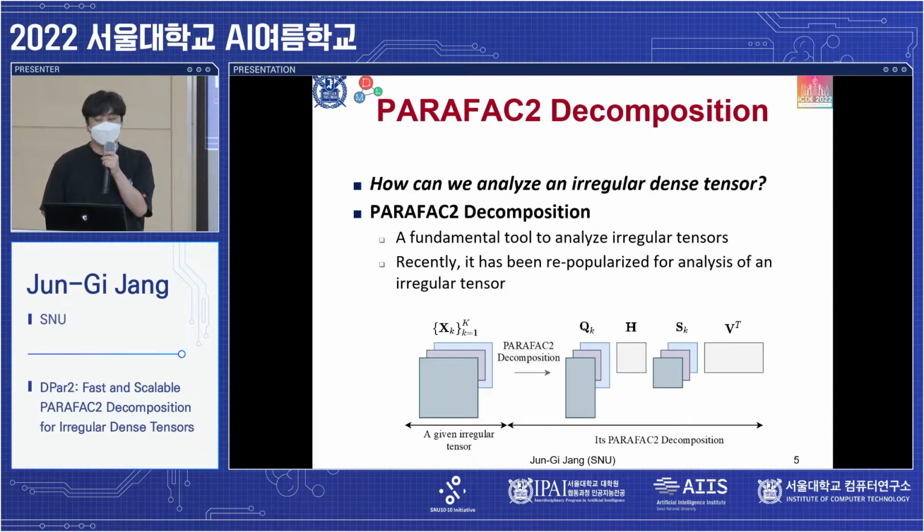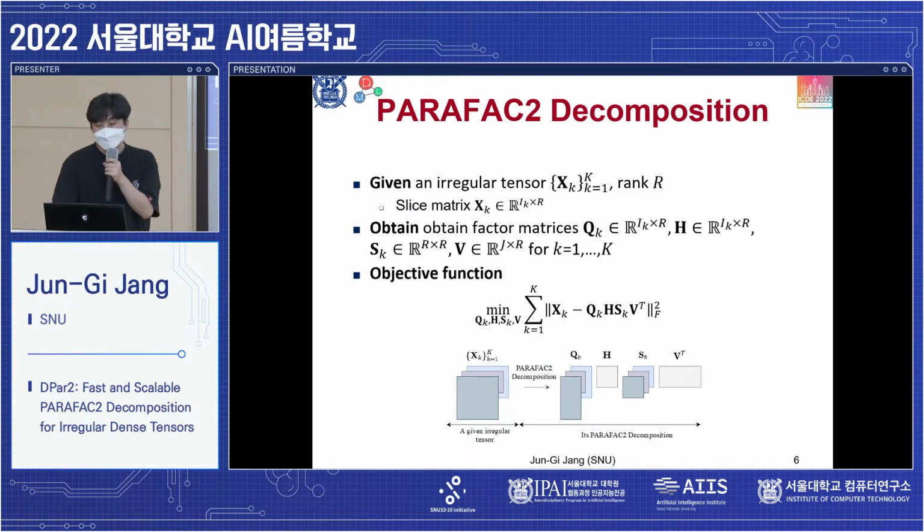Then given an irregular tensor, how can you analyze it? PARAFAC2 decomposition is a fundamental tool to analyze the tensor. Recently, it has been repopularized for analysis of it. Formally, PARAFAC2 decomposition finds 4 types of vectors and matrices which approximate a given tensor well.